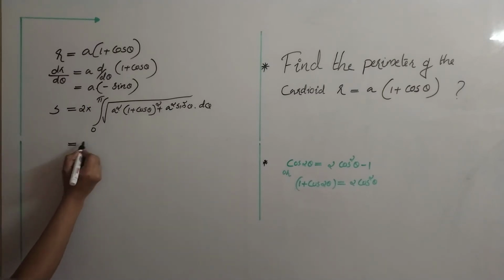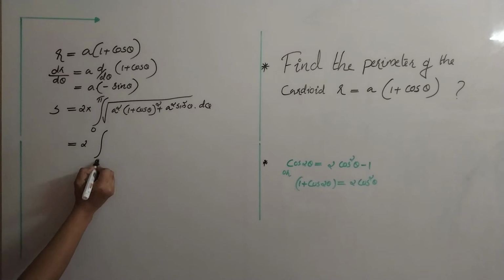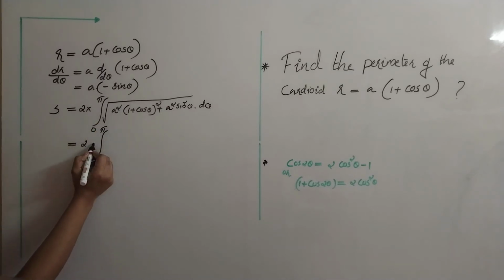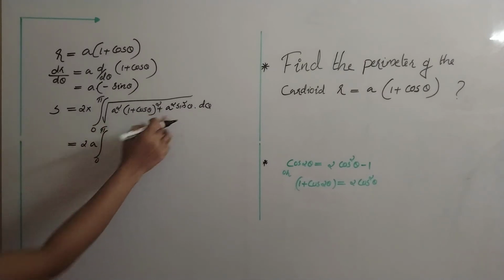And this is equal to 2 times the integral from 0 to π, where we can take a outside because that is a common term in both.